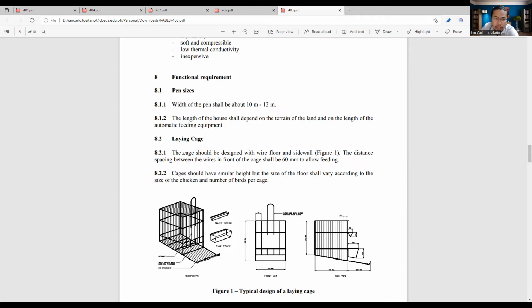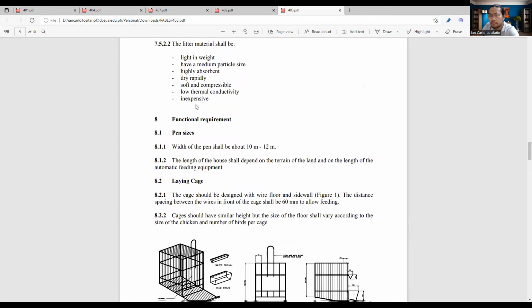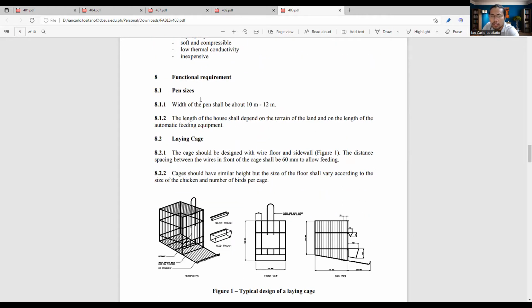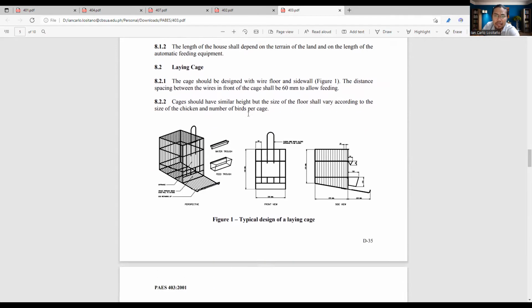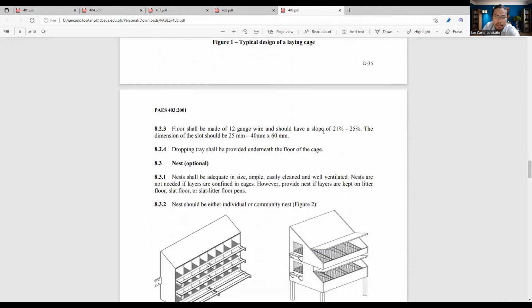The pen size, the laying cage, and thus, if a designer of this building will be looking into the dimensions, then these are commercially available, so that one could just look them up over the internet for possible specifications, specifically on the weight. So this could be referred to by the designer or the engineer.